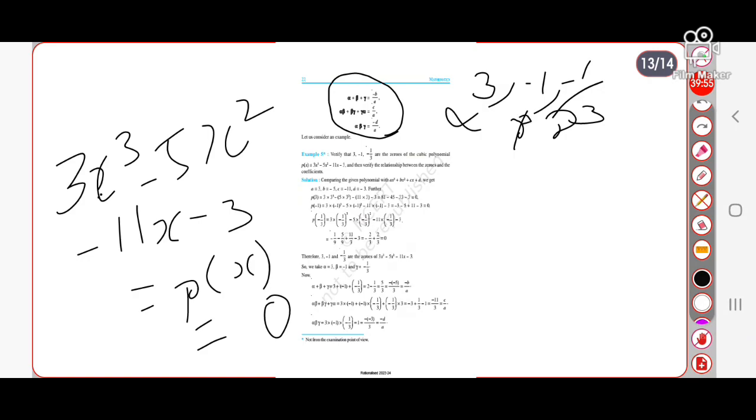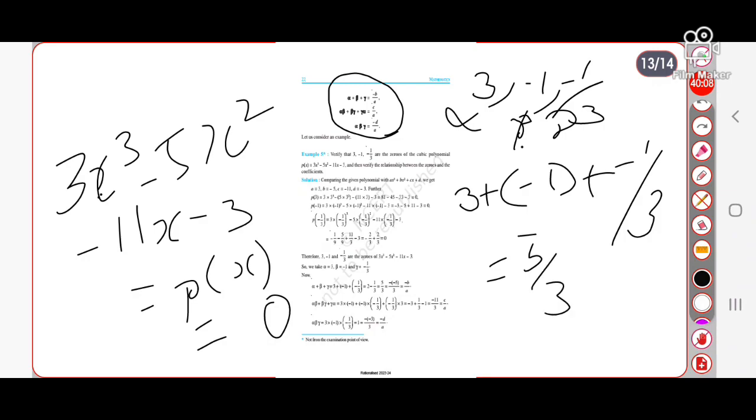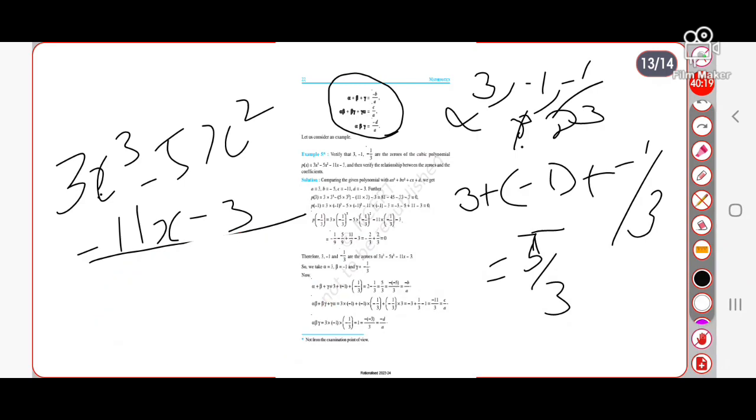Okay, adding up these three, what happens is 3 plus minus 1 plus minus 1 by 3, right? If we add, we arrive at 5 by 3. So by the formula minus b by a, we need to cross check with this equation, right? Whether the value is the same. Okay, it has been verified. If it is not the same, then it is not the same. That's it. We need to verify whether it is right or wrong, right?